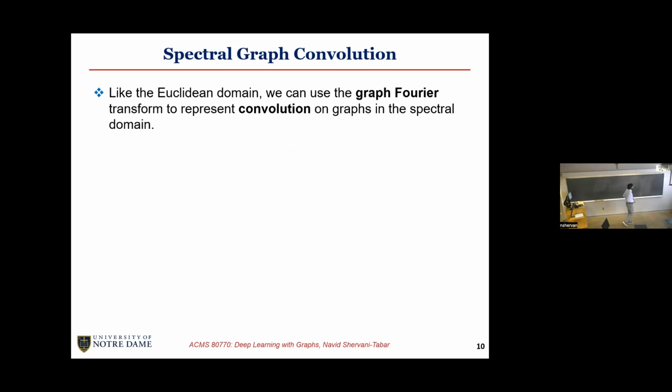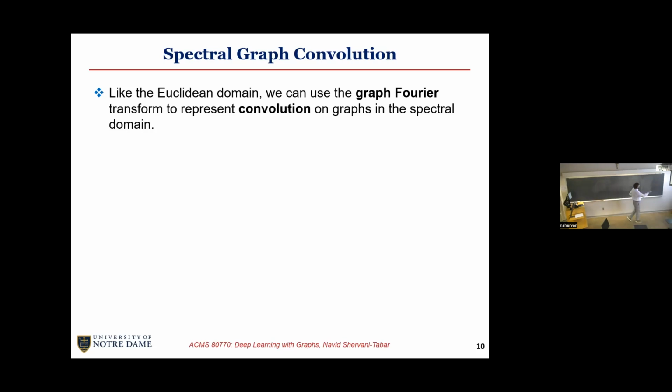Now the main idea why we're redefining this Fourier transform for graphs is that we want to redefine convolution for graphs in the spectral domain.